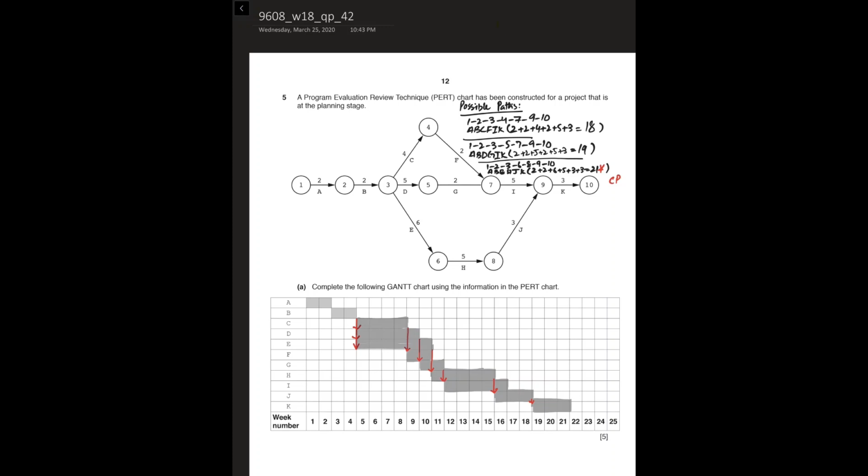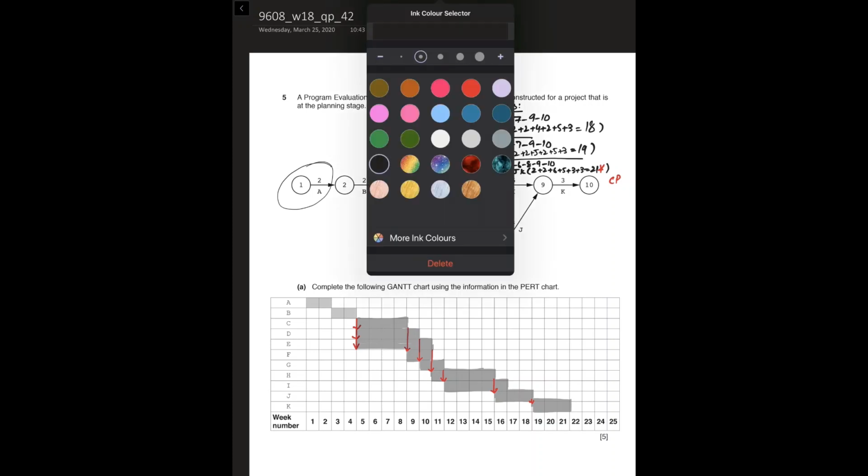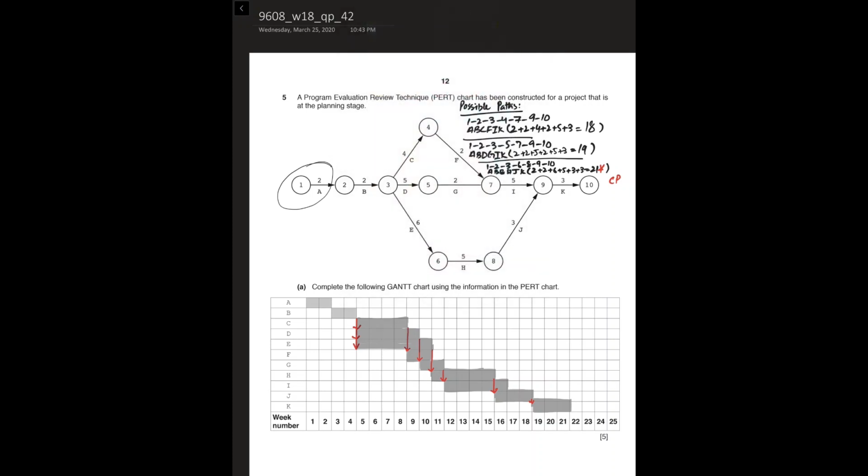As per the PERT chart, A has 2 weeks to finish. Since one box denotes 1 week, we have covered 2 boxes. Similarly, B is starting after A, and also taking 2 weeks.